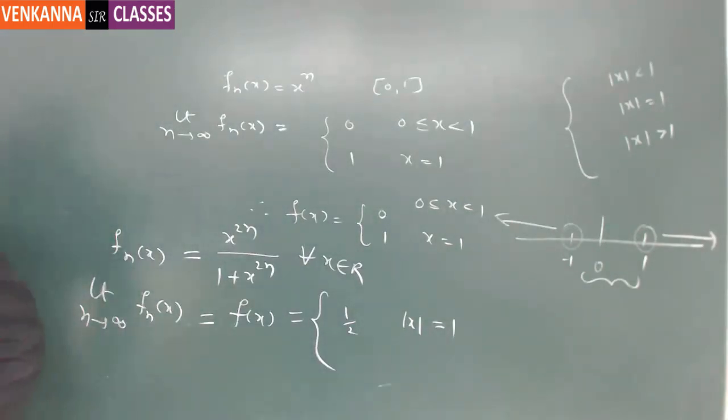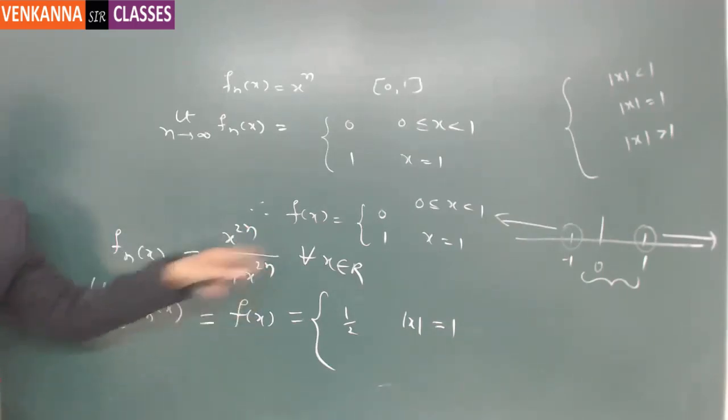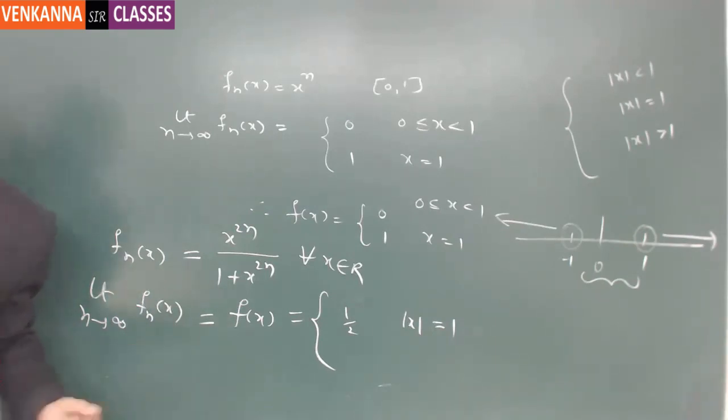So without confusion, for mod x greater than 1, let us take x as a number bigger than 1, say 2. So what happens? 2 power 2n by 1 plus 2 power 2n, right? As n tends to infinity, how do we solve it for the limit part? I will say the limit will be equal to 1.